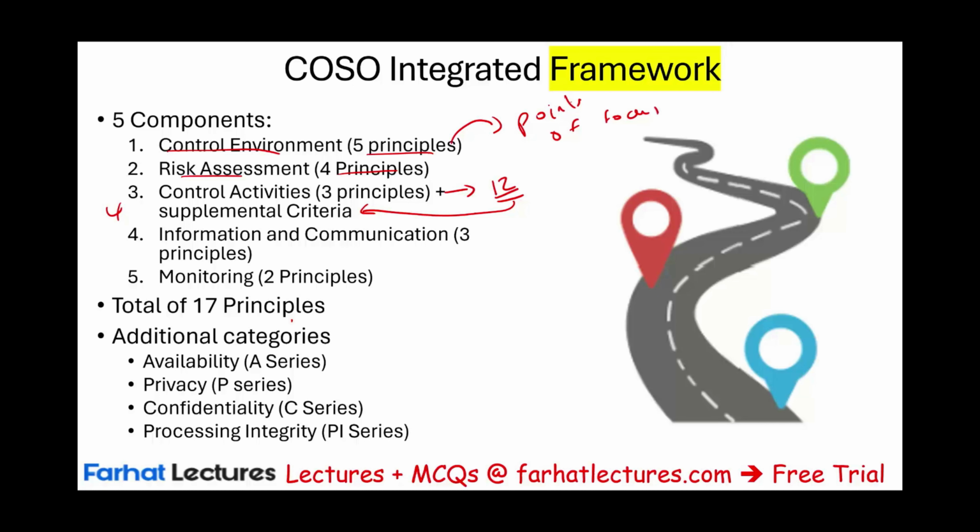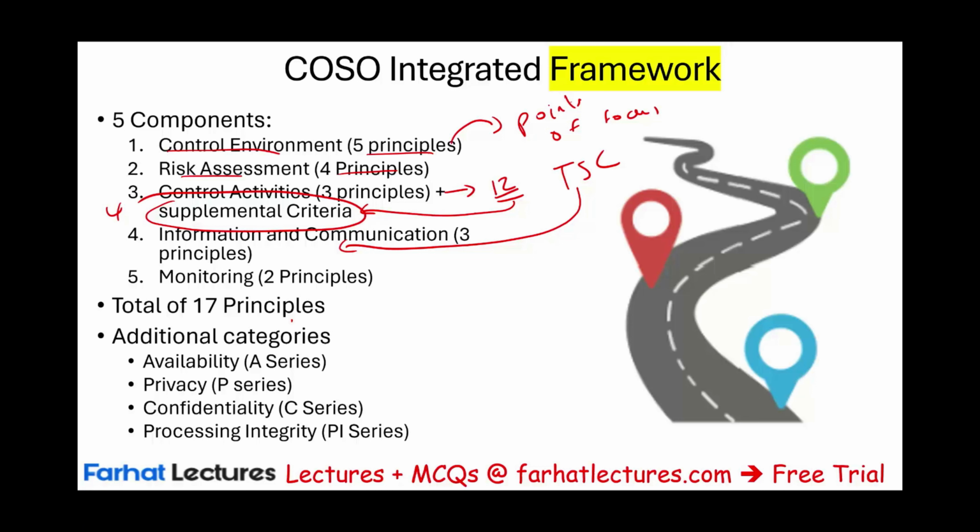And this is where the TSCs, whatever they want to add, they will take their control, and it could belong to information and communication. Then they will put it under certain principle, because there's 3 principles, whatever that principle belongs to. So the point I'm trying to make is this. In this session, we looked at the 5 components, we looked at the principles, we looked at the supplemental criteria.